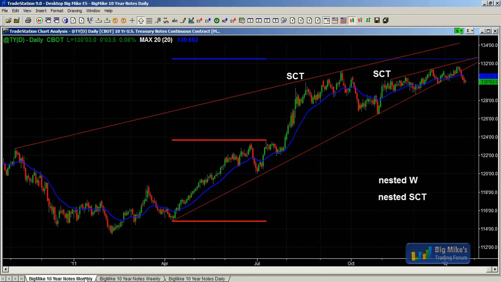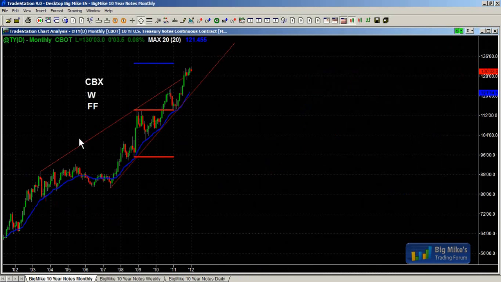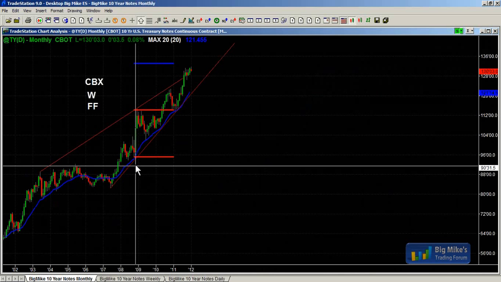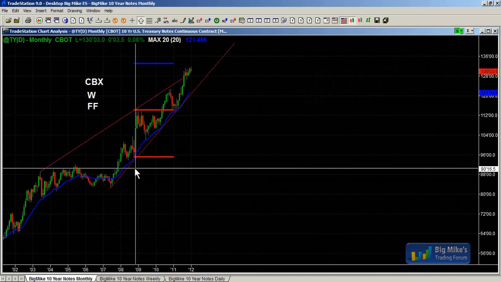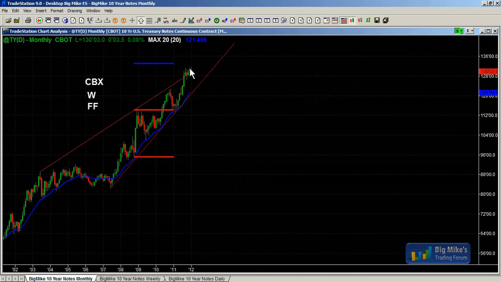Let me put up the monthly notes. You can see a wedge shape, and you can see a very strong 2-bar bull pattern here, and we're currently in the 3rd push up. To me, that's a bull spike in 2008, and this is the 3rd push.